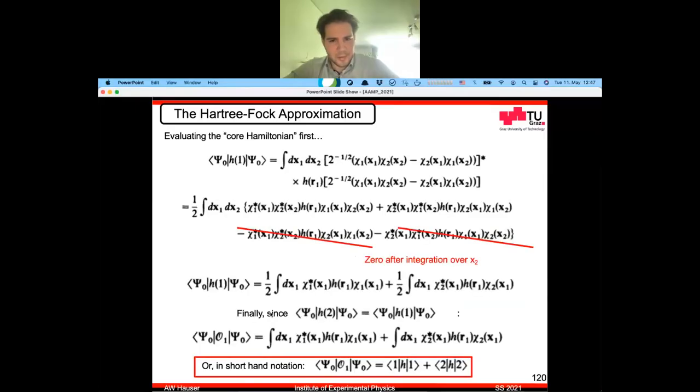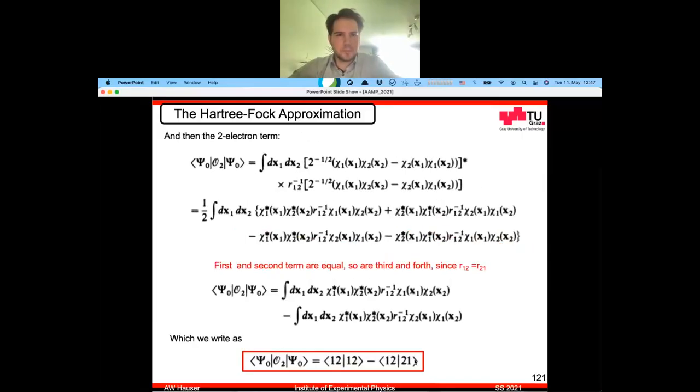And so I will just write this sum over these core Hamiltonians as a 1 electron operator, just in general. So any type of 1 or single electron operator will lead to an expression that looks like this: a sum over integrals for each of the orbitals that are occupied with electrons, and these orbitals sandwiching our core Hamiltonian, this 1 electron term. That's the evaluation of the first part.